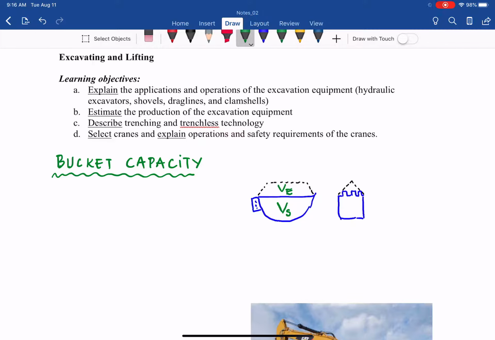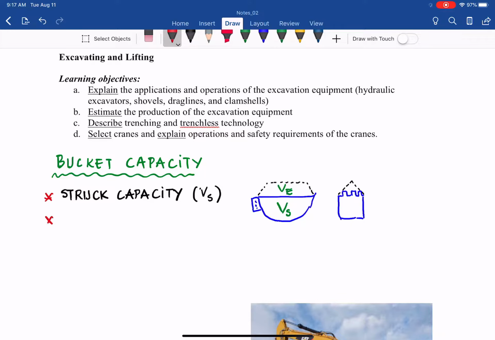call heap volume. So let's define a few key terms in here. The first one we have is struck capacity, and that is VS. And like I say, it is the bucket capacity when the load is struck or flush with the bucket size there.